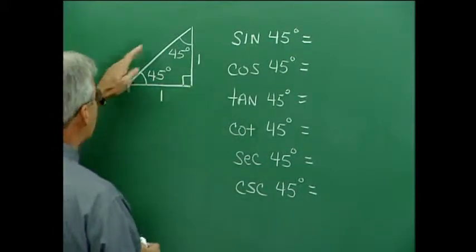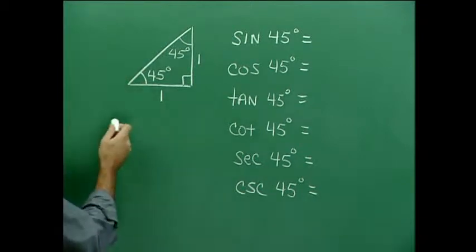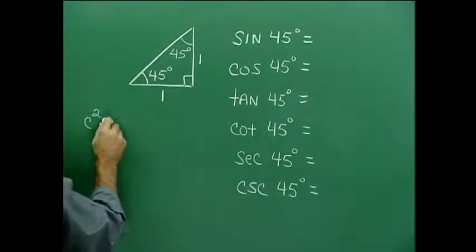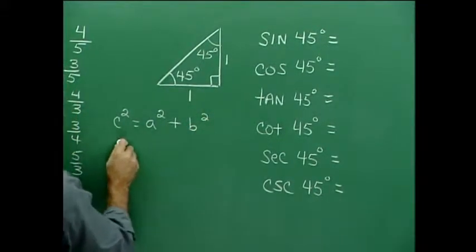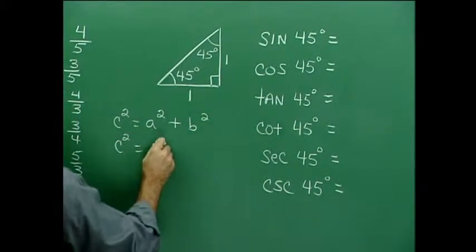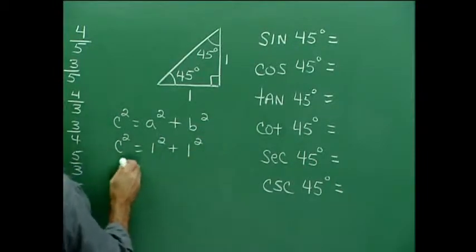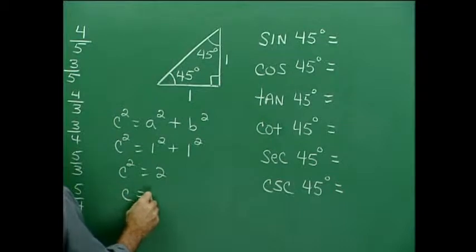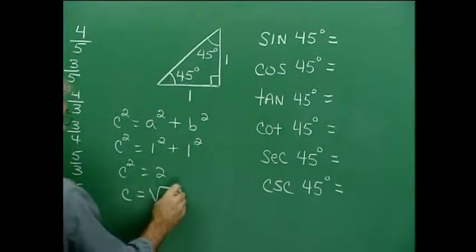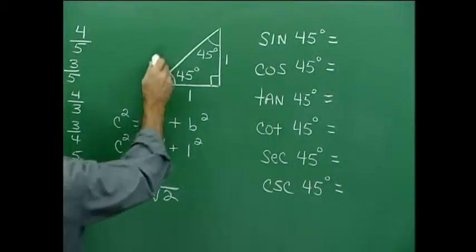And then I can find the length of the hypotenuse by using the Pythagorean theorem. C squared is A squared plus B squared. A and B are both 1, so C squared is 1 squared plus 1 squared. C squared then is 2. And if C squared is 2, C is plus or minus the square root of 2, and we want the positive square root, so C is the square root of 2.